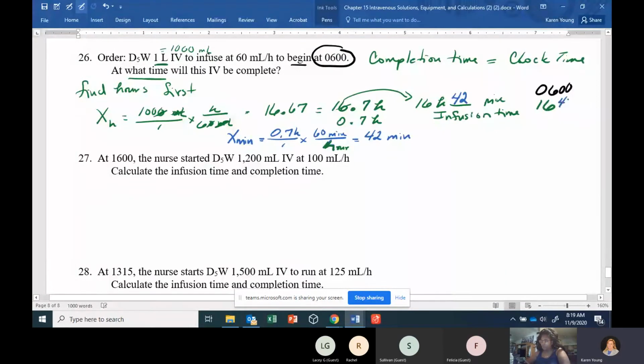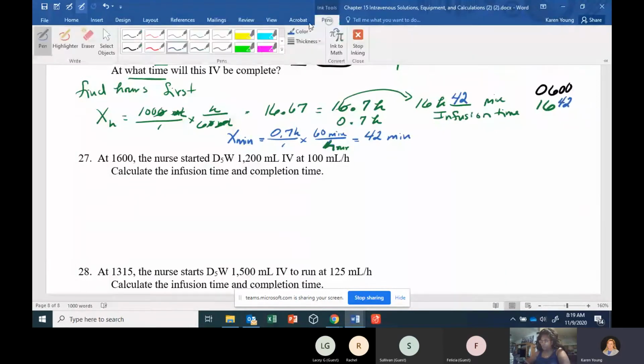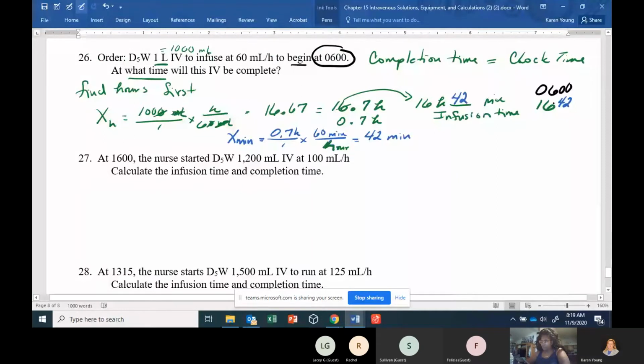So I got 42 minutes, and I'm just going to add those together. So it gives me 42. 6 and 6 is 12. So I add 1. 1 and 1 is 2. So my completion time, or at what time the IV will be completed, is 2242 hours.